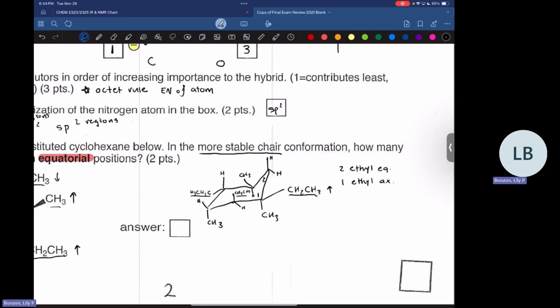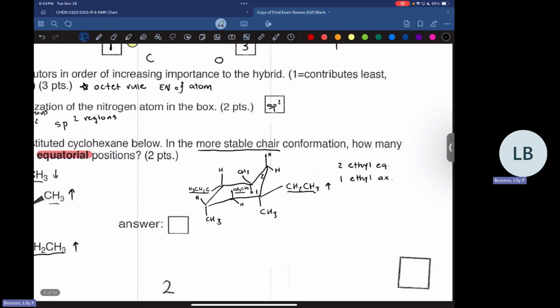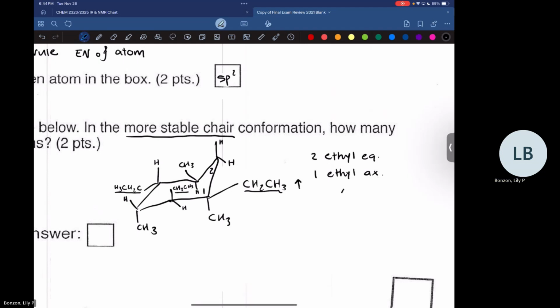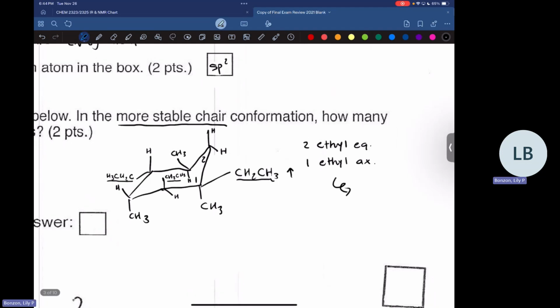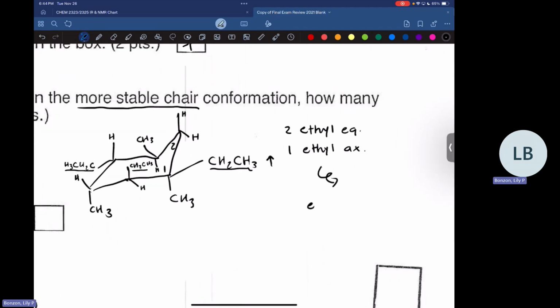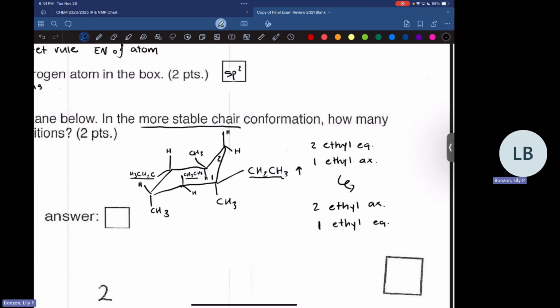So if you wanted to, you could draw the ring flip conformation where all your equatorials would become axial and vice versa. For sake of time, you know that if your equatorials become axial and your axials become equatorial, when we flip the chair that we drew specifically, we would have 2 ethyls axial and 1 ethyl equatorial.